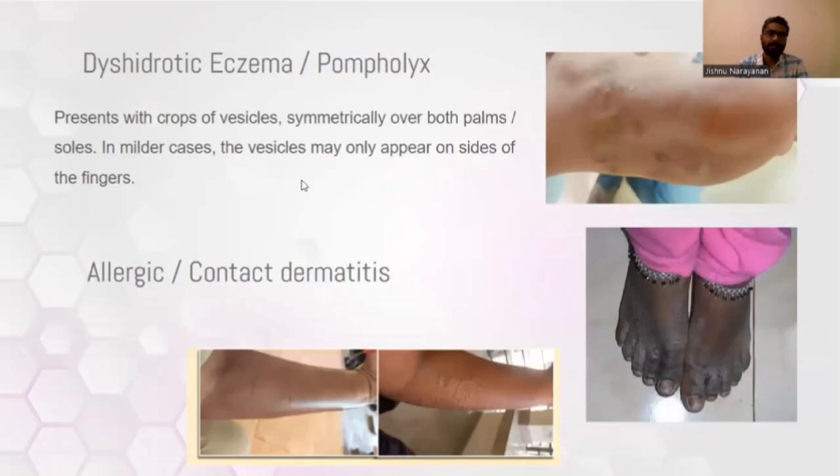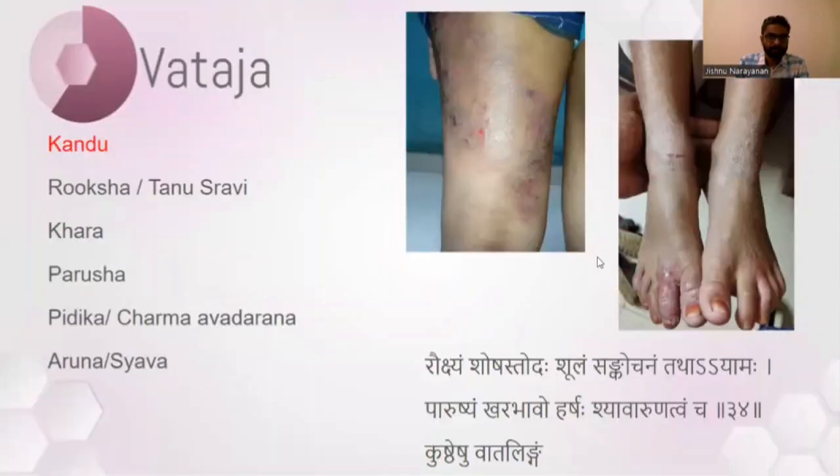Again, dyshidrotic eczema or pompholyx is a common condition which happens as tiny watery vesicles over the palm or plantar area. And allergic or contact dermatitis, as you can see, because of any ornaments or chappal or even bhallataka kind of drugs, all these conditions can cause dermatitis, and all this comes under the heading of eczema.